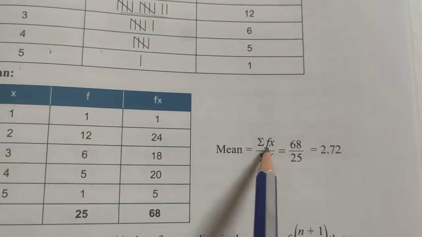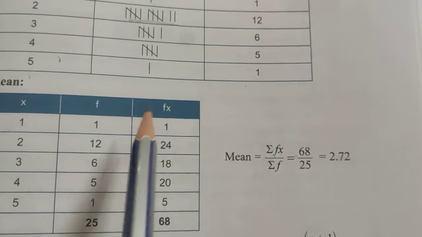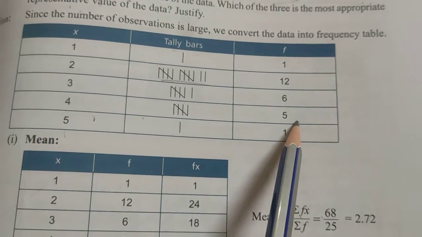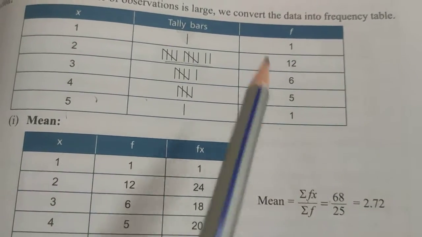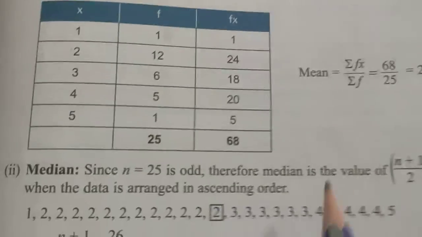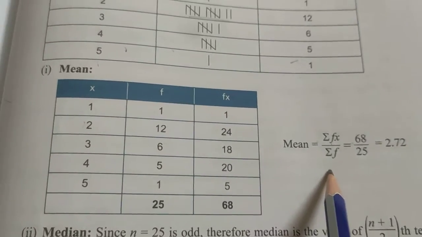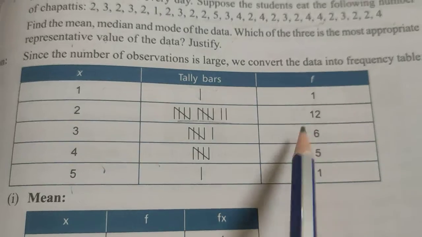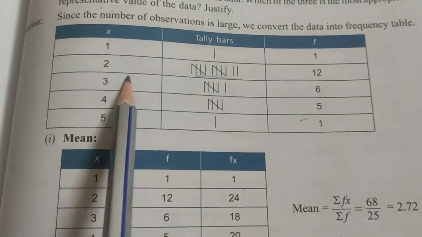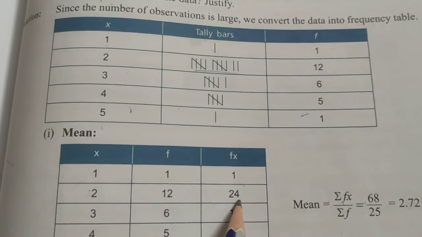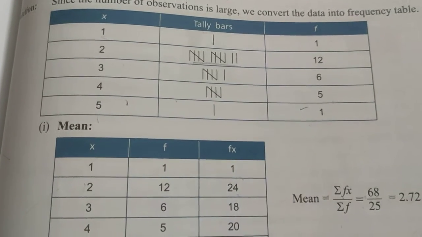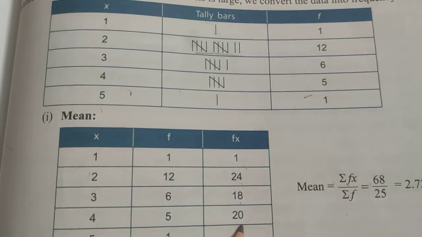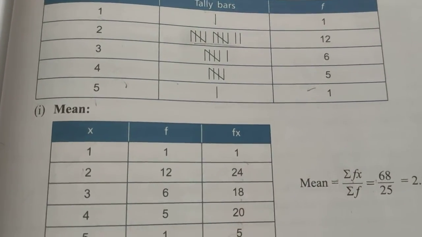is sum of f into x by sum of f, where f is the number of students and x is the number of chapatis eaten. So how will we find out fx? You have found out 1 into 1 is 1, 2 into 12 is 24, again 3 into 6 is 18, 4 into 5 is 20, and 5 into 1 is 5.